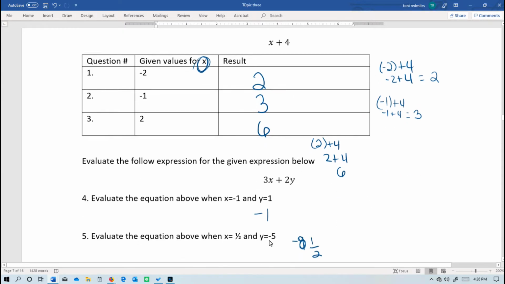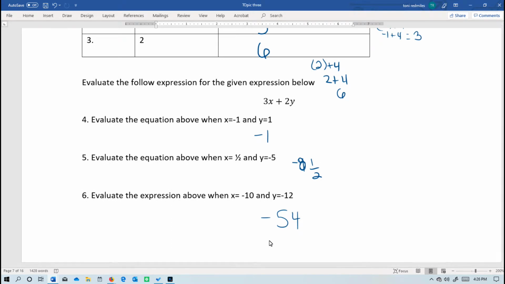All right, in the next 3 questions, we're given this expression, and we're given 2 things to throw in for the x and the y. In this first one, I'm putting -1 in for x, so 3 times -1, and a +1 in for y. Now in this case, I do need the parentheses because the parentheses mean multiplication. So 3 times a -1.